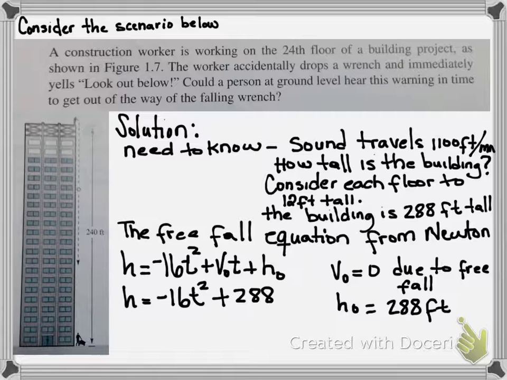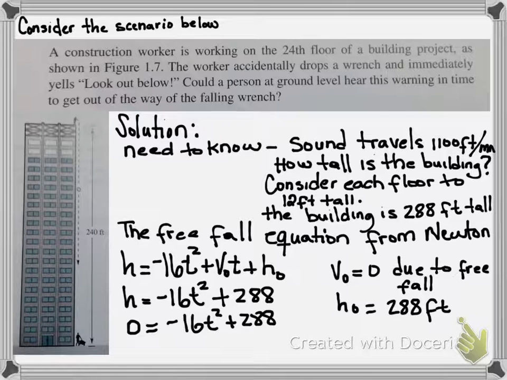And now we want to know how long will it take for the wrench to hit the ground. Which will make h 0. So 0 has to equal negative 16t squared plus 288.